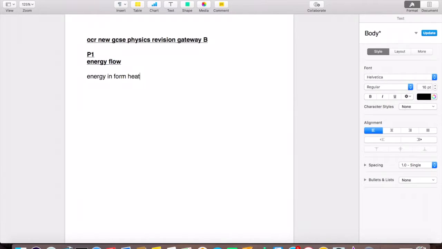When energy flows away from a warmer object, the temperature of the object decreases.